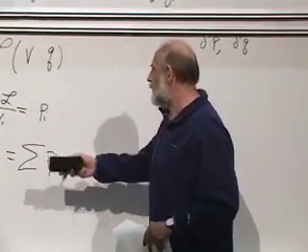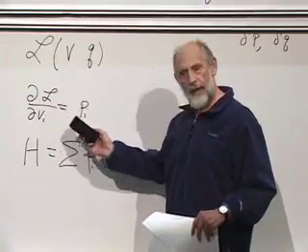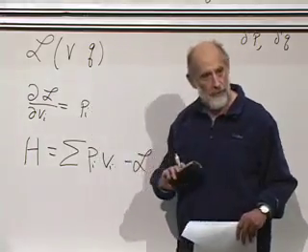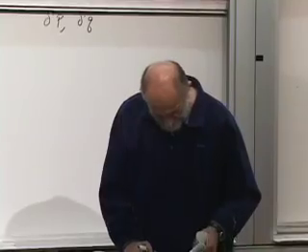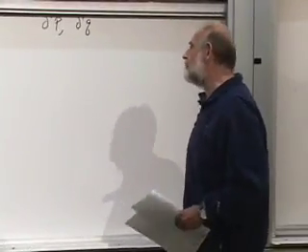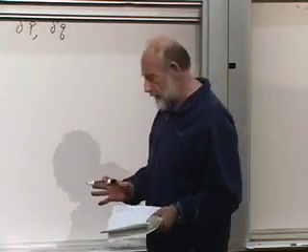The point is, of course, when you calculate dL by dV sub I, in general, it might contain some Q dependence and not just V dependence. But that's okay. Just pursue it.